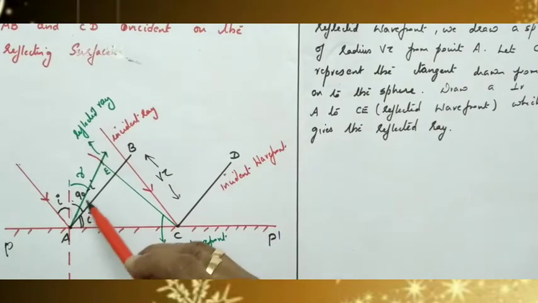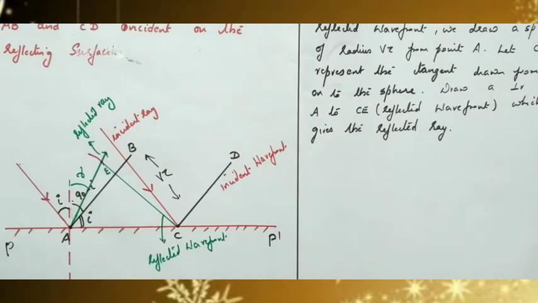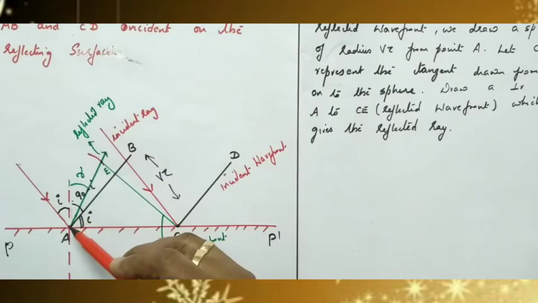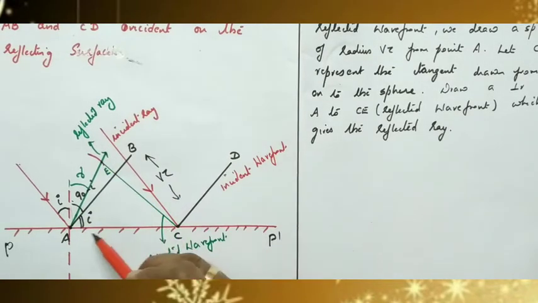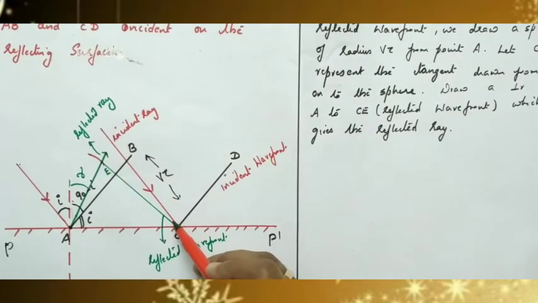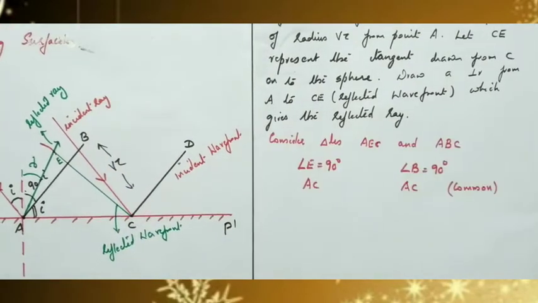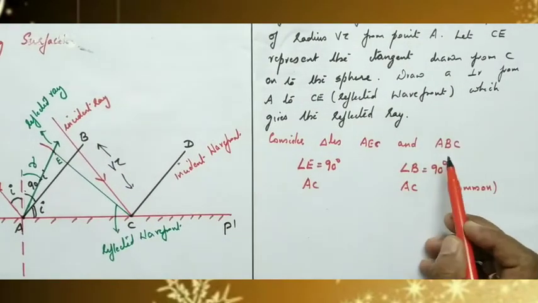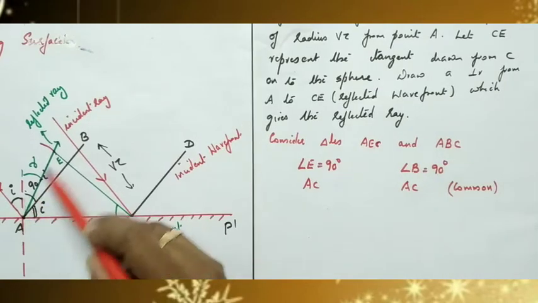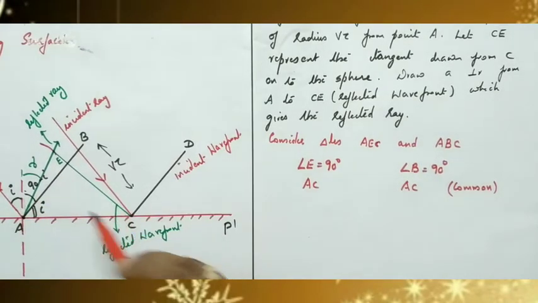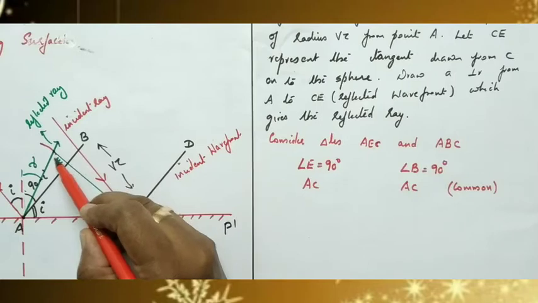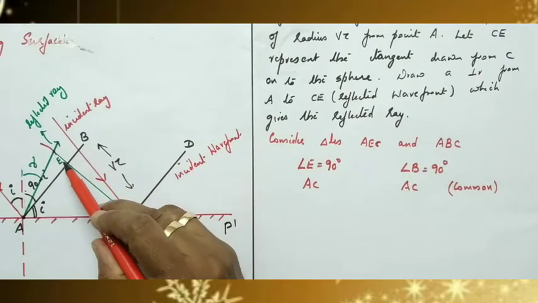So how will you prove that the angle of incidence and angle of reflection are equal? For that, consider triangle AEC and triangle ABC. Here angle E and angle B both represent 90 degrees.